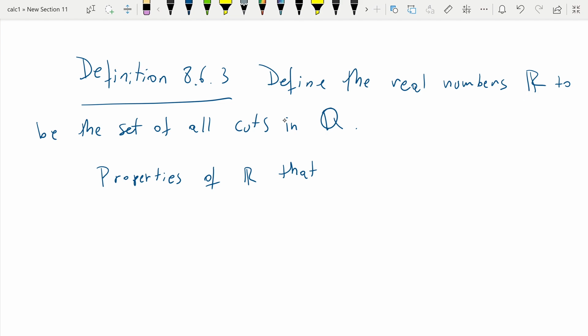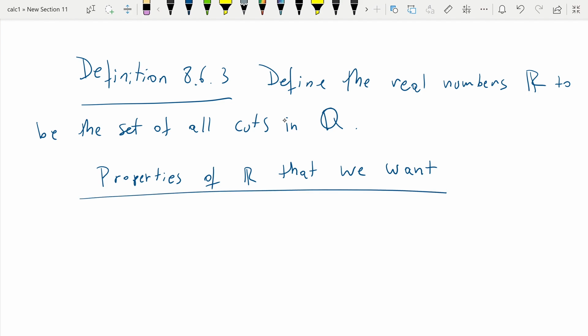And we want to show that this set, which corresponds to all the Dedekind cuts, satisfies the usual properties that we've been used to when we work with real numbers. So this is the important part. Properties of real numbers we want.